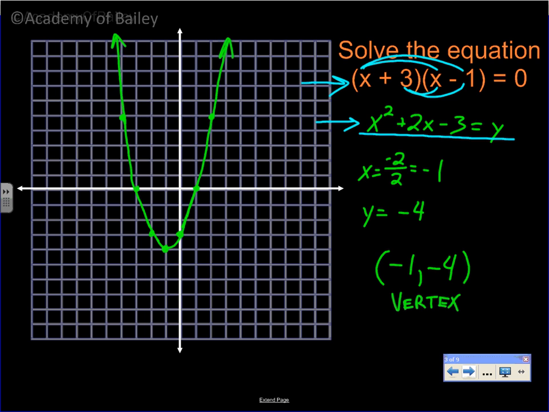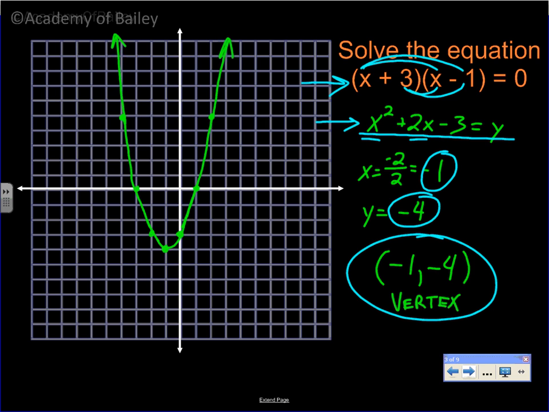So I multiplied those out to get this equation now, and found the vertex, x equals negative b over 2a, plugged negative 1 back in for x, and I found y to be negative 4. And so the vertex is negative 1, negative 4, which is right here on the graph. And then I went ahead and found the other points and graphed those.